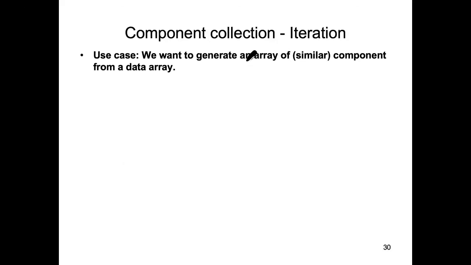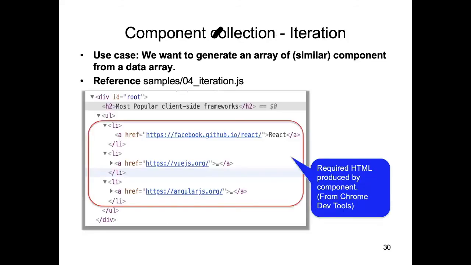The use case for this is, supposing I want to generate an array of JSX elements from a data array. In particular, supposing I want to generate an array of LI elements, where in this particular case, the element has a hyperlink nested within it.